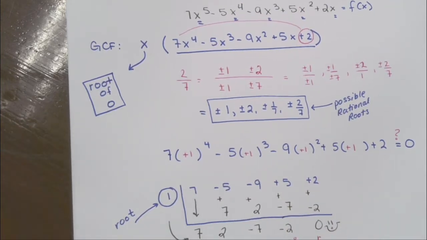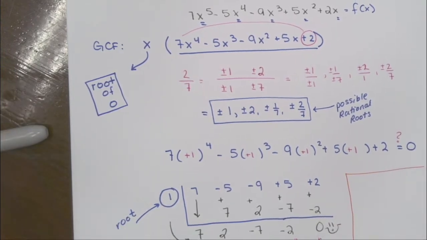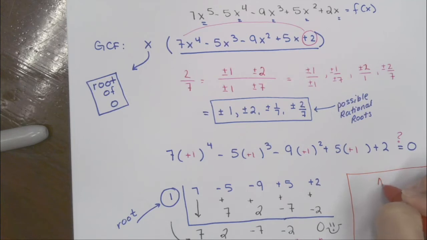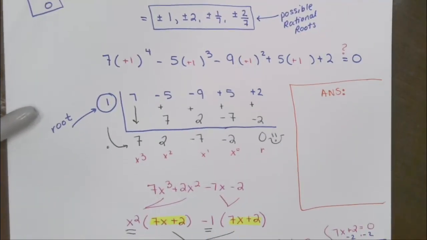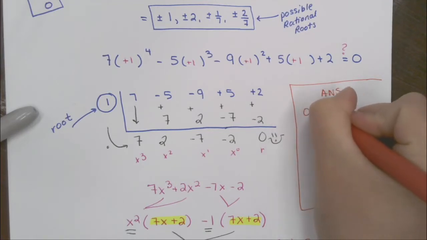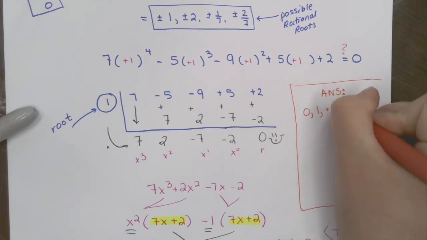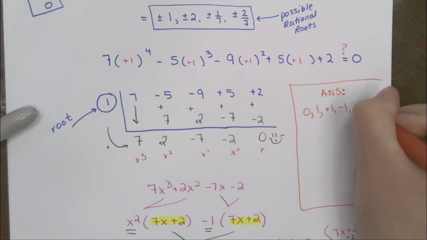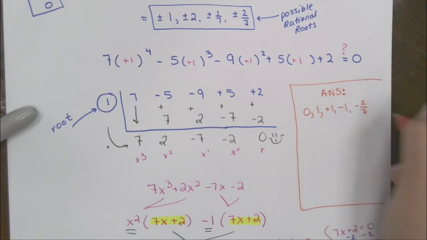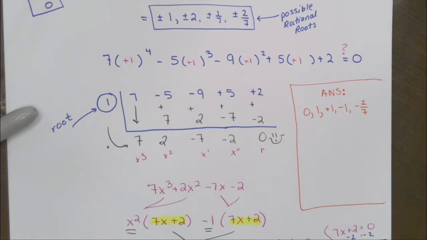So how does the answer look like? I have some space here randomly, so I'm going to write my answer box here. So for our answer, I had a 0 that was a root, I had a 1 that was a root, I had a +1 that was a root, I had a -1 that was a root, and I had a -2/7. If you gave me this answer, I accepted this answer.